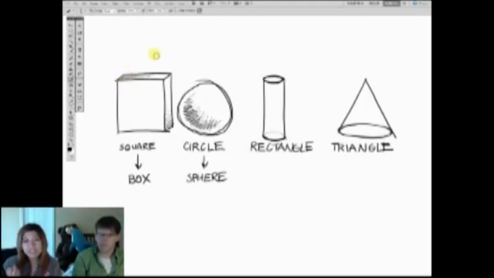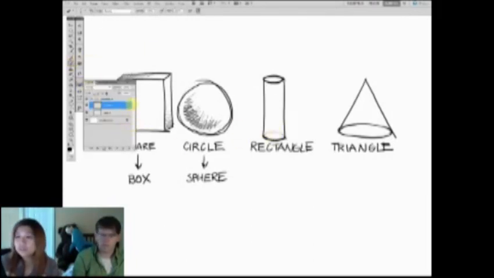So basically, these 3D shapes hold more information than their 2-dimensional counterparts.